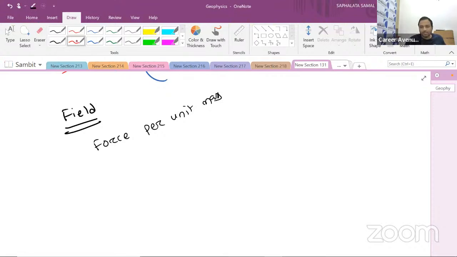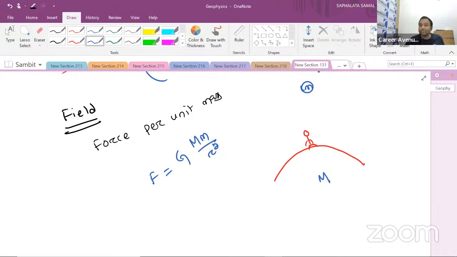So we had the earth. I was standing on the surface of the earth and threw a tennis ball upwards. This tennis ball has a mass of, let's say, small m. Earth has a mass of, let's say, capital M. The tennis ball experiences this amount of force. But how much force will a unit mass experience? For example, instead of this tennis ball, I am throwing a unit mass, any object having 1 kg of mass.